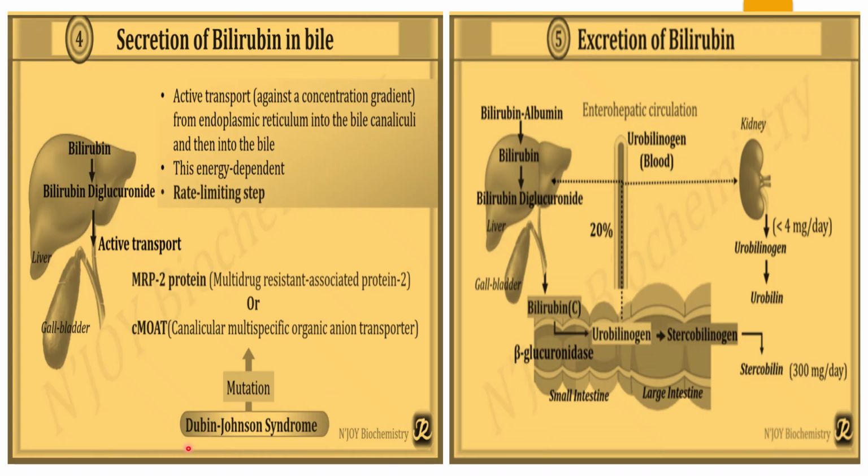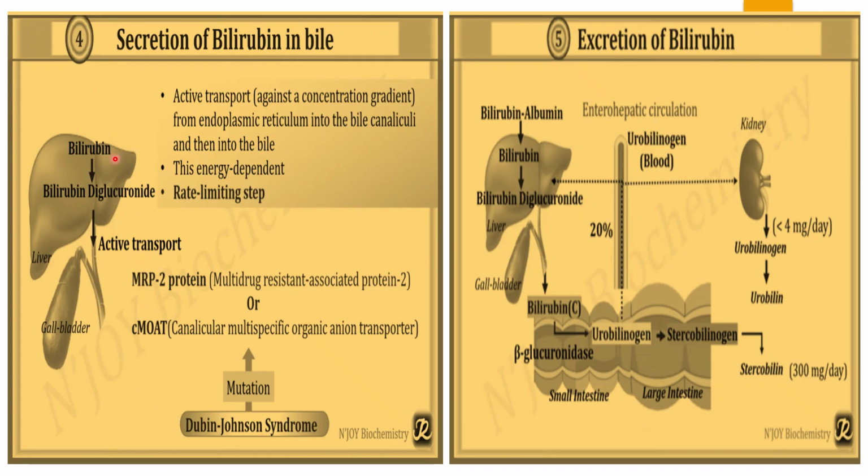That condition is known as Dubin-Johnson syndrome. And this condition is an autosomal recessive trait leading to defective excretion of conjugated bilirubin.